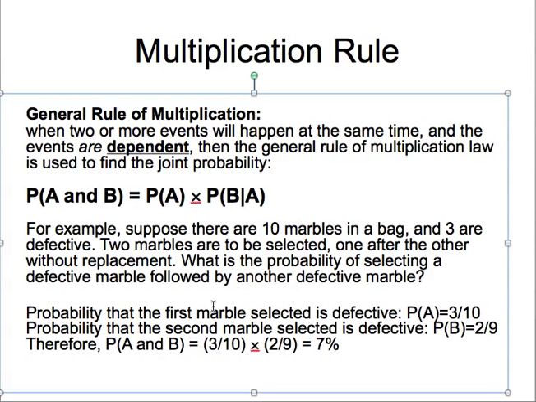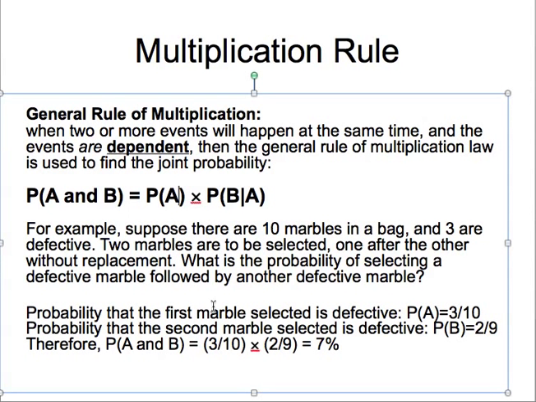Okay, so the probability that the second marble was defective would be 2 out of 9, because remember, you already selected one marble out which you didn't replace, so you now have 9 marbles, and the marble that you took out was defective, so you no longer have 3 defective marbles but 2, right? So the probability is going to be equal to 3 over 10 times 2 over 9.